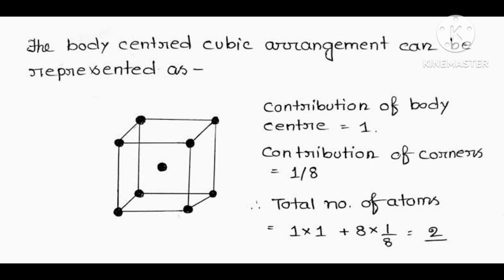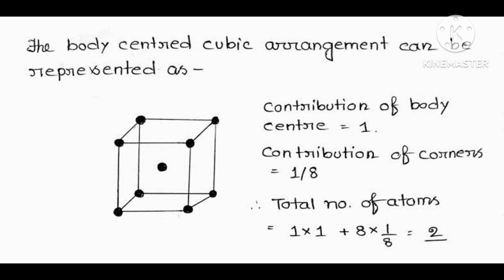In all, since each cubic unit cell has 8 atoms on its corners, the total number of atoms in one unit cell is 8 into 1/8, that is 1 atom.